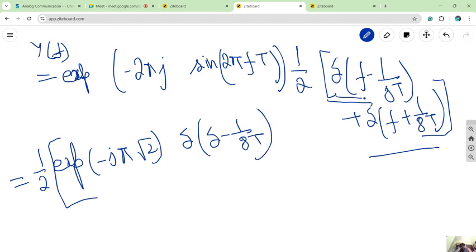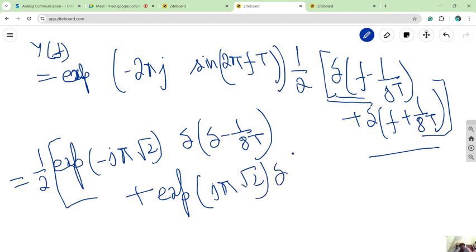This one is for this delta pulse, and it will be the positive version, exponential of j pi with delta of f plus 1 by 80.